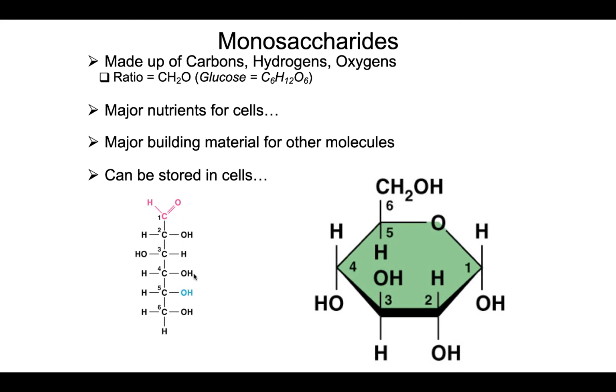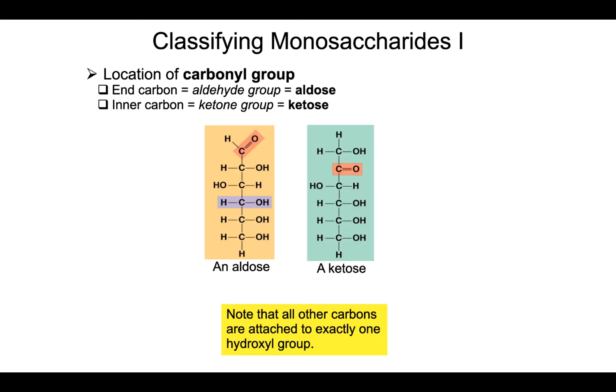And then everything else is filled out with hydrogens. And that's it. You take a carbon chain, add a carbonyl, add one hydroxyl group to the other carbons, and then fill things out with hydrogens. It is a very easy molecule to think about when you see it in those terms.